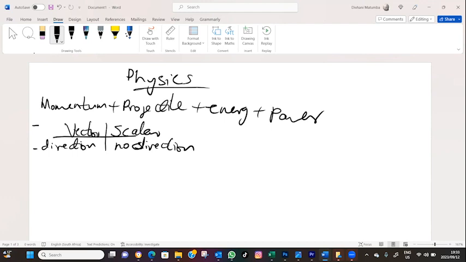Examples of vectors, you have velocity. Examples of scalar, you have distance. Distance is also a scalar, but I wanted to write something similar to velocity, which is speed.